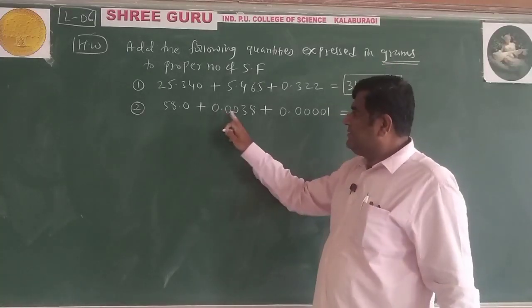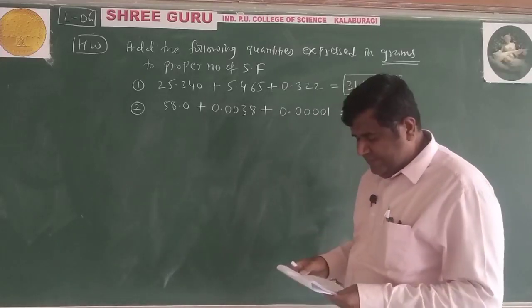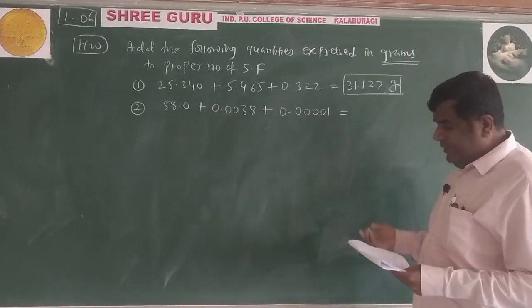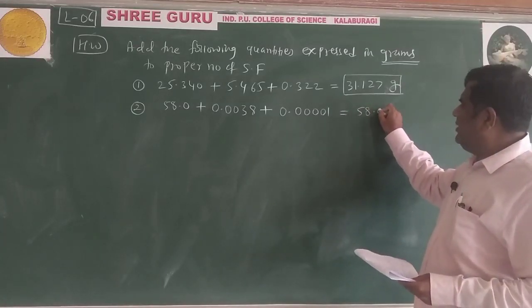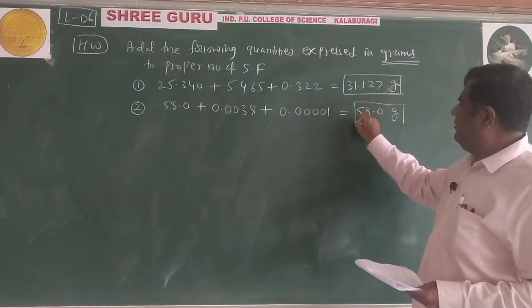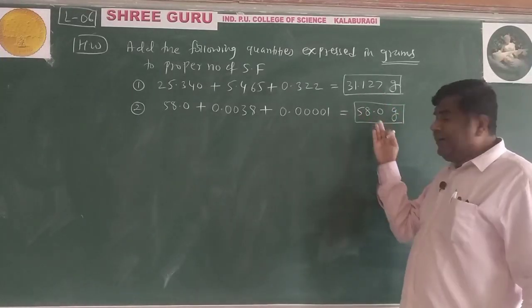1 decimal place, then 1, 2, 3, 4 decimal places, then 1, 2, 3, 4, 5 decimal places. The answer should be reported to 1 decimal place, and I am writing the answer as 58.0 gram. Only 1 decimal place. I will get an answer and I have to round it off.